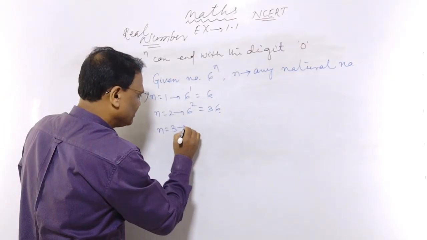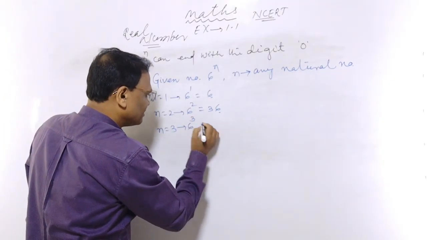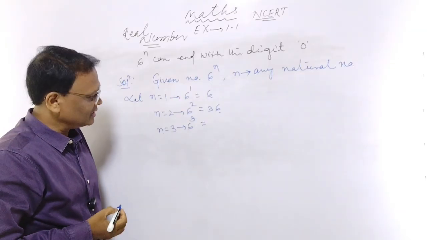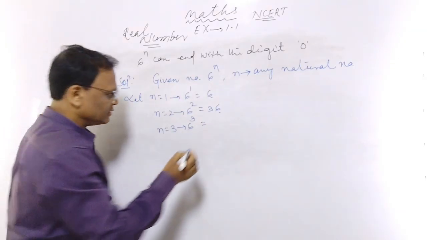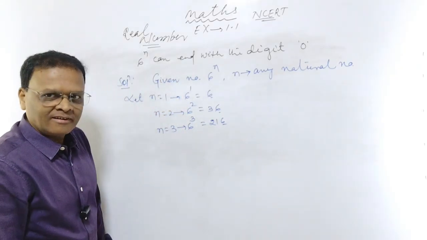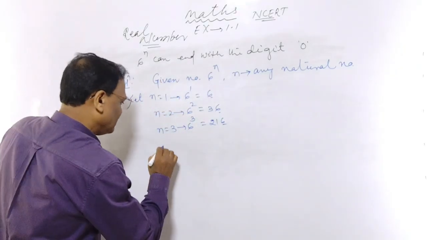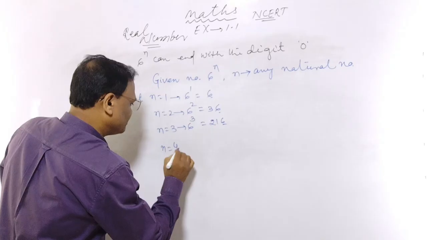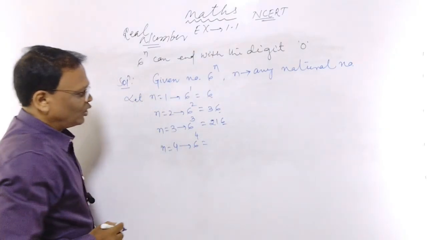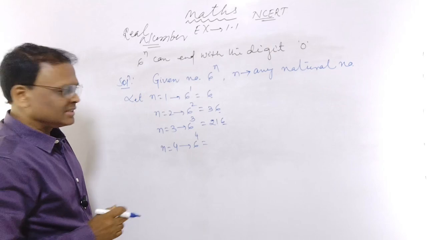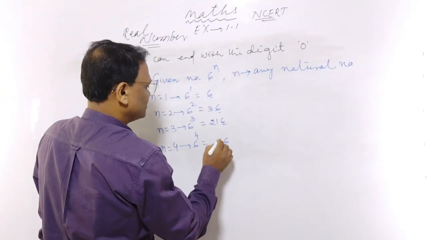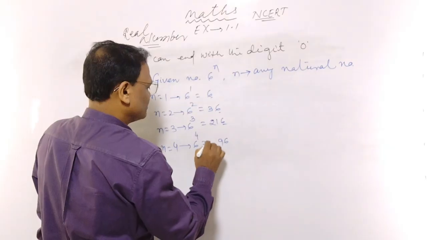Let's see what I'm getting. 6 to the power of 3: 6 times 6 is 36, and 36 times 6 is 216. Again the digit ends with 6. If n equals 4, 6 to the power of 4: 216 multiplied by 6 again gives 1296.